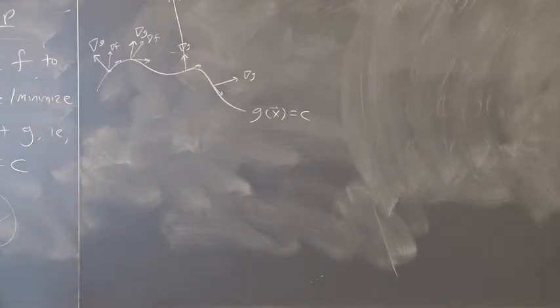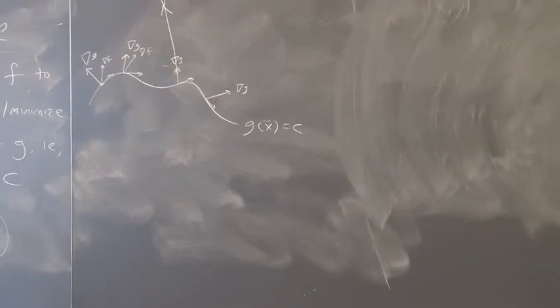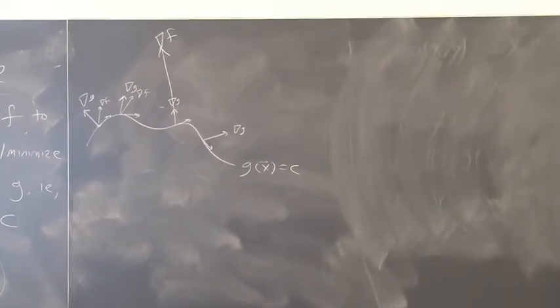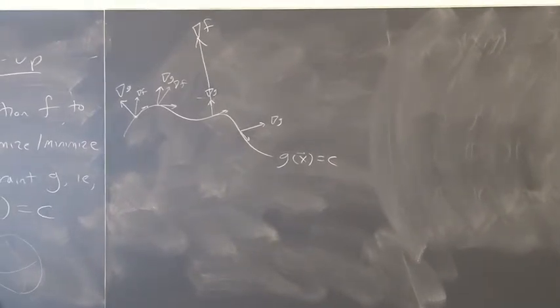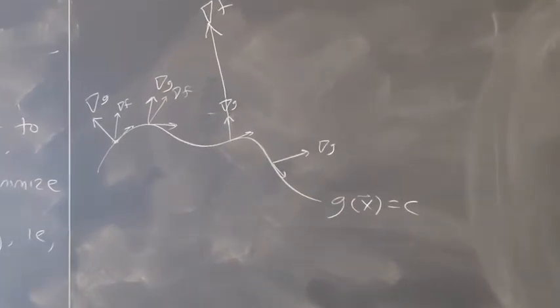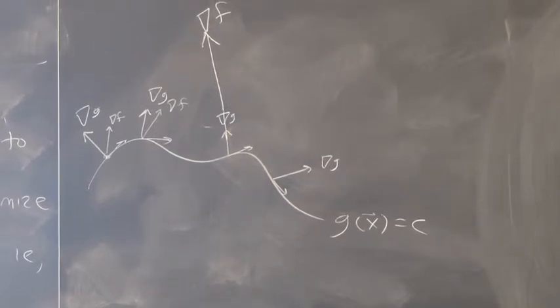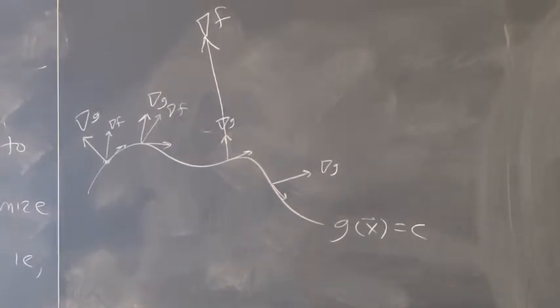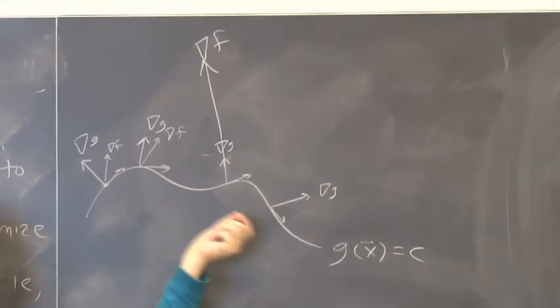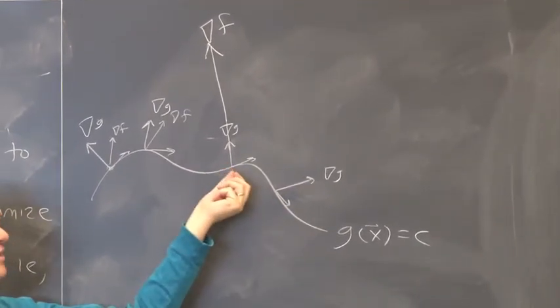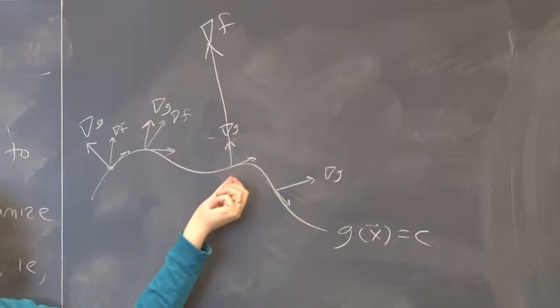But it's in the same direction as the gradient of g. Is there any component in the tangent direction? No. What's the directional derivative going to be? 0. We found a candidate. Okay? So if the directional derivative is non-zero, it can't be a maximum or minimum. If the directional derivative is 0, we have a candidate.